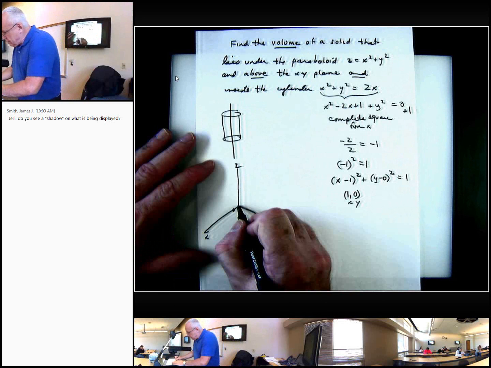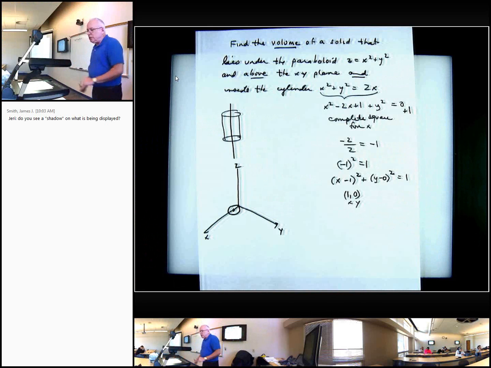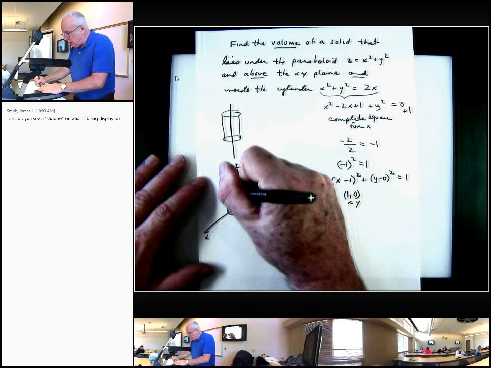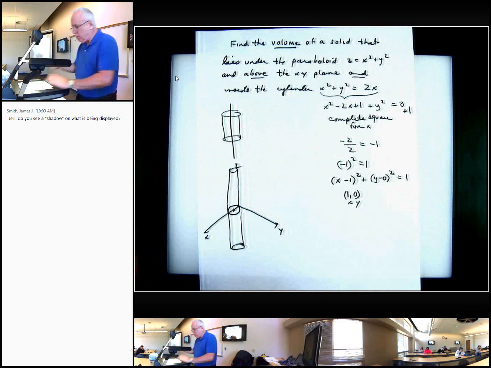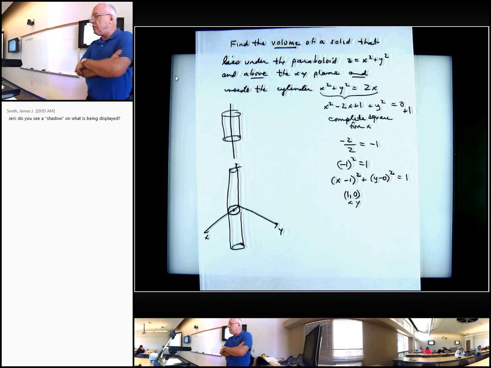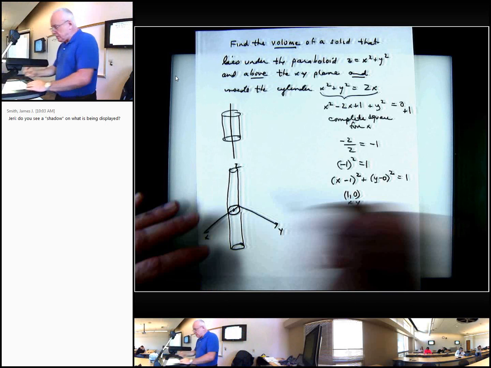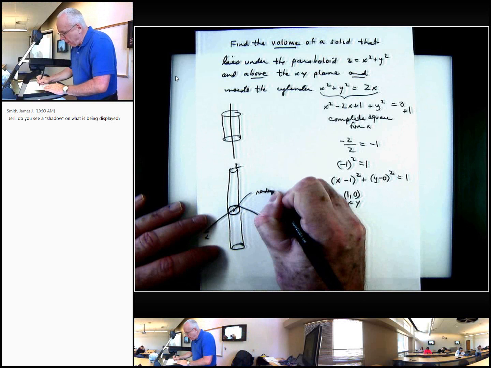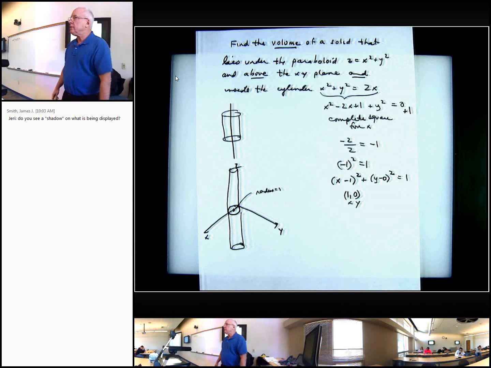The cylinder, of course, goes around, and then it goes up and down. Notice that one edge of the cylinder is right there on the z-axis. This has a radius of 1. Are we okay with the cylinder?